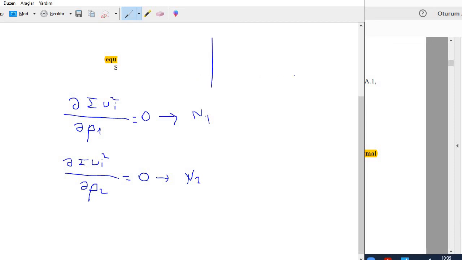As you all know, if we equate a derivative to 0, this means that there is no change in the curvature. So this is delta change in x, and delta change in y is equal to 0.